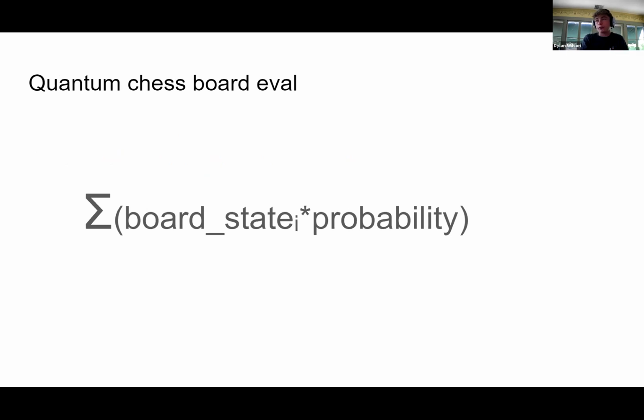And let's say we evaluate it and we're up 3 pawns. So that'd be +3. And then you multiply it by its probability, let's say times 0.5, and you get 1.5. And then you have another board state that has a probability of 25% or 0.25, and you multiply by -1 pawn. And then you add that to the sum. And then you can just keep iterating through the sets.